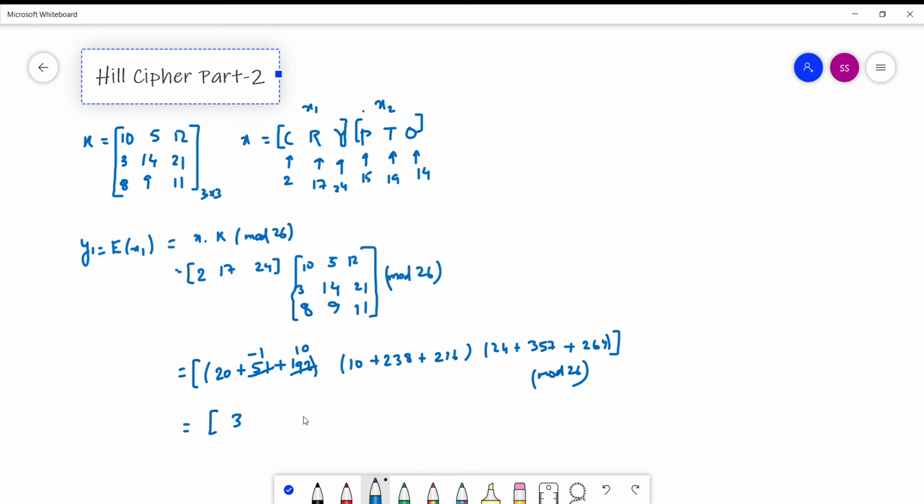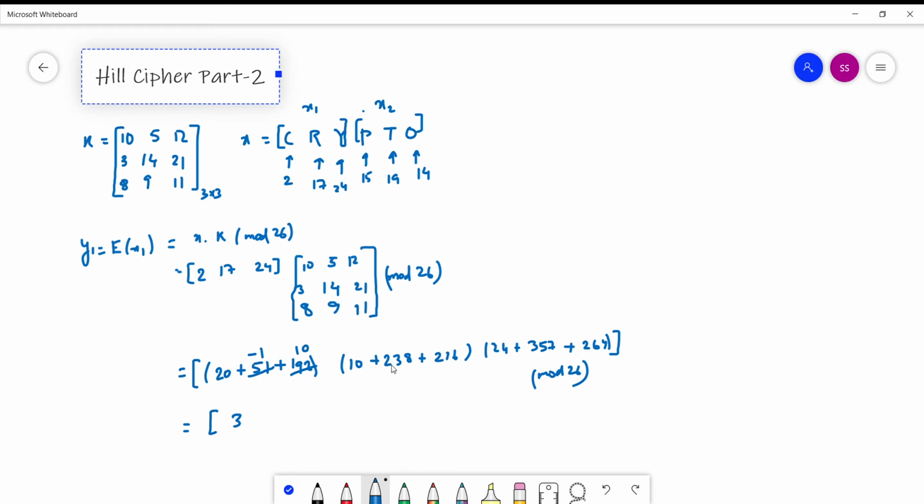Don't follow me, use whichever method you prefer. You can even add all the numbers and divide by 26 to get the remainder; that will be the modulus. Follow whatever you prefer, and I will solve according to my method.